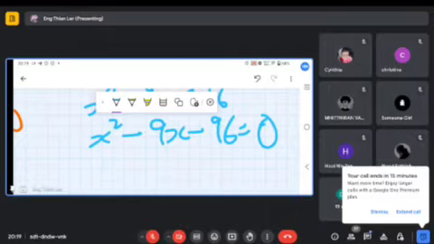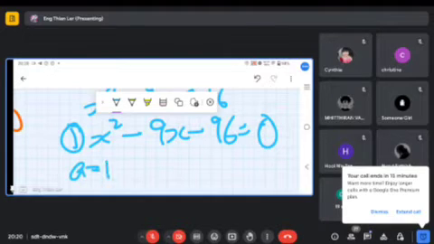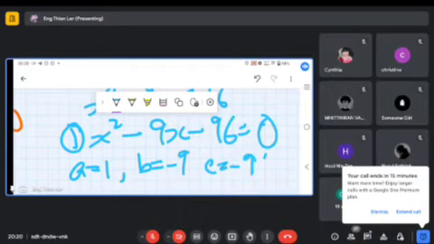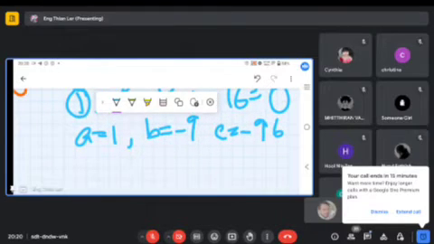So in this case, a will still be equal to 1 because there's nothing before the x. So a will be equal to 1, and b will be negative 9, and c will be negative 96. So after you insert that, you will find that x1 is actually 15.28192933, a long number.